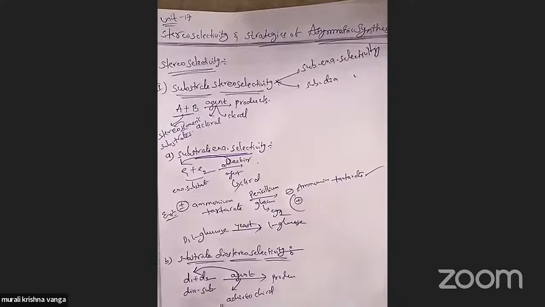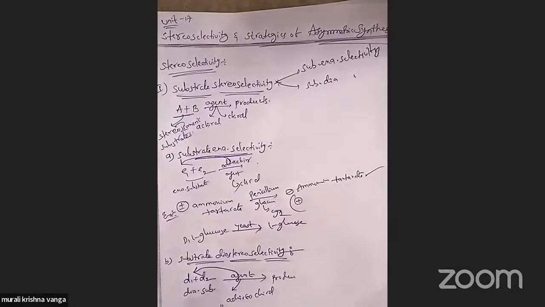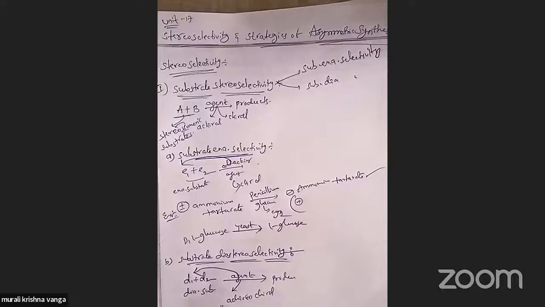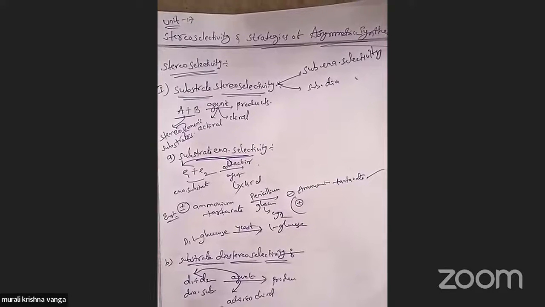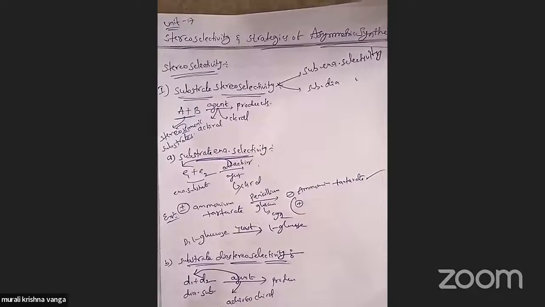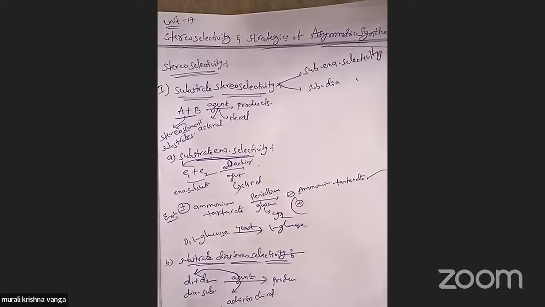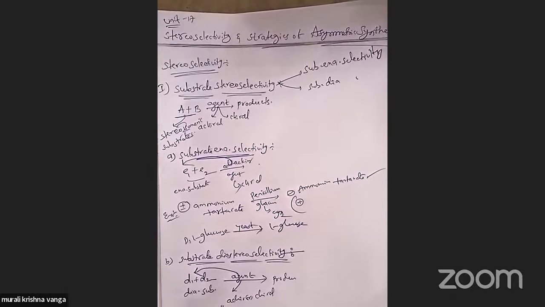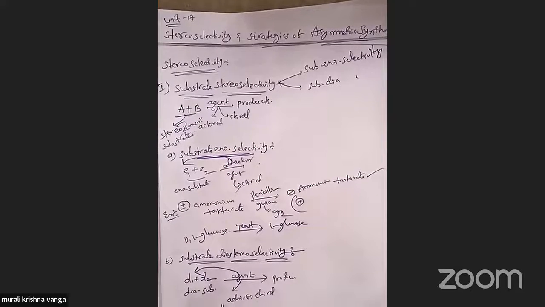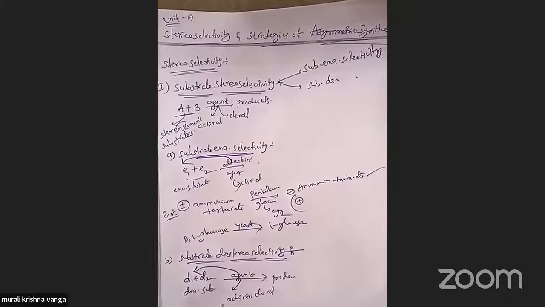When these two react with chromic acid, one reaction is fast and the other is very slow. The attacking agent reacts with one diastereomer, leaving the other diastereomer. This is one example for substrate diastereo selectivity.